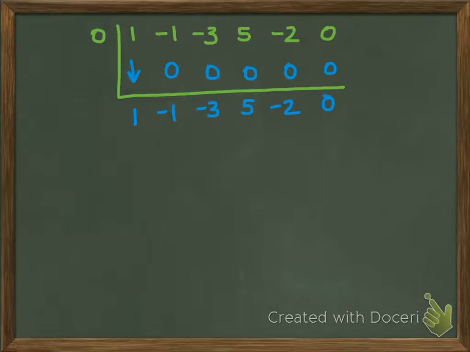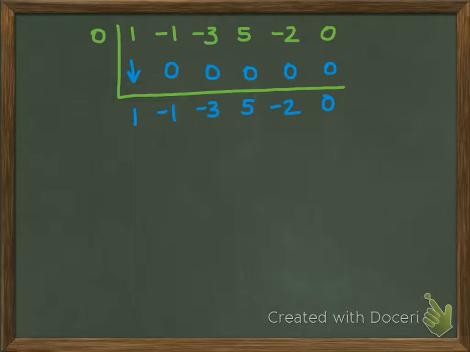But remember, the green function that I started with was to the 5th power. This blue function is now to the 4th power. I've simplified the function by knowing that 0 was a factor or a solution. Okay, so now I want to know the possible factors again. You're not going to have to do this every time.